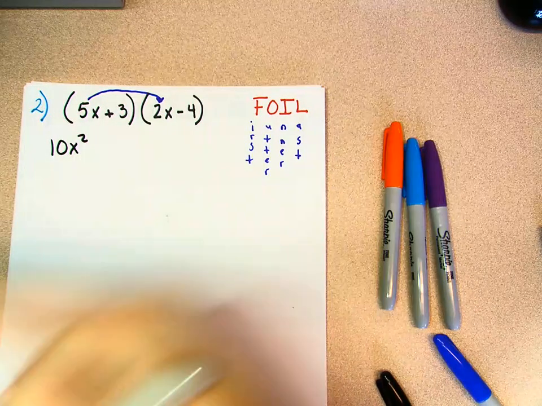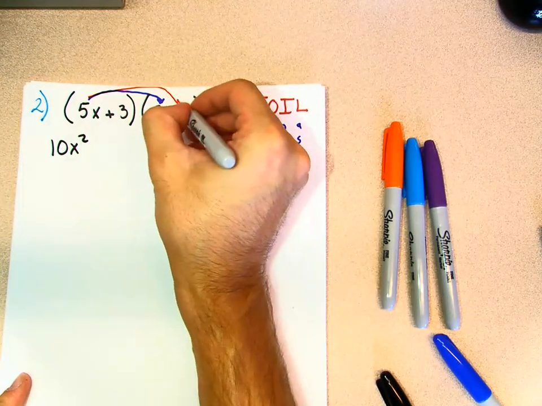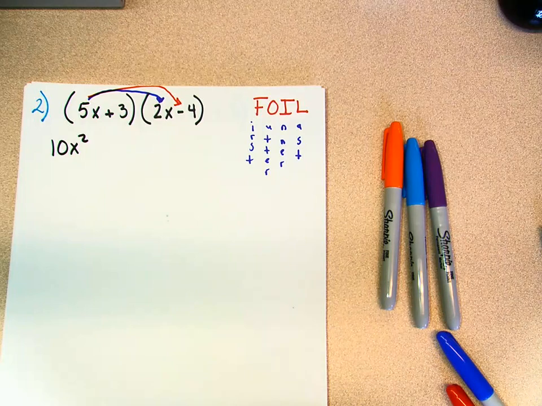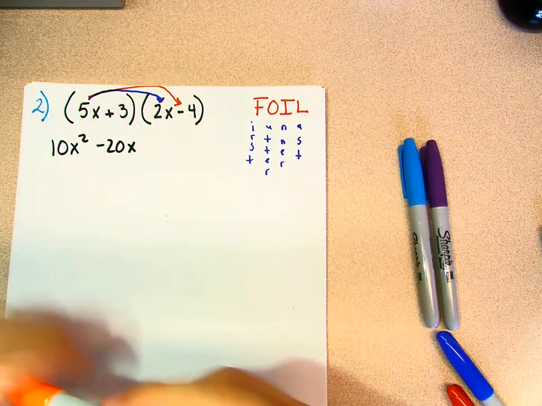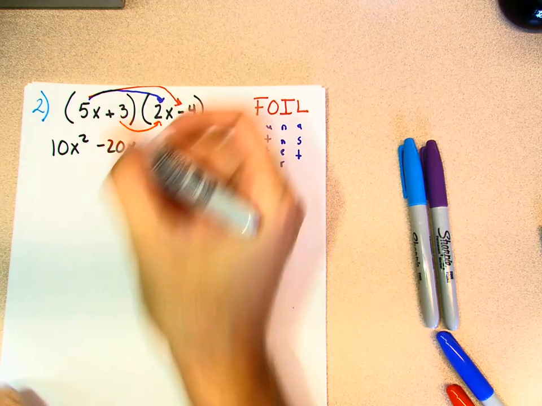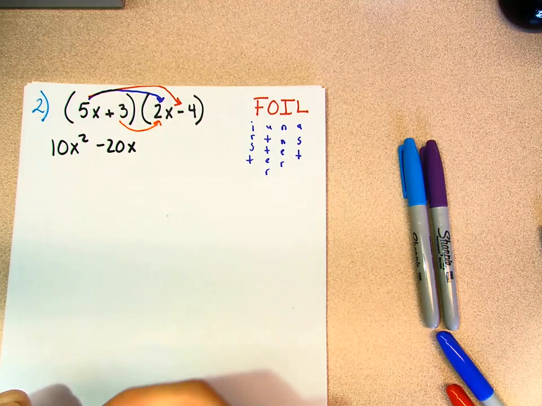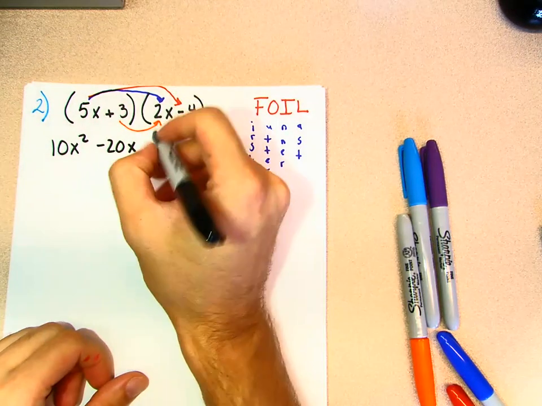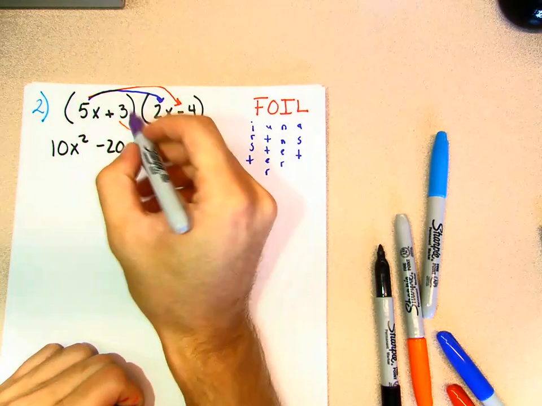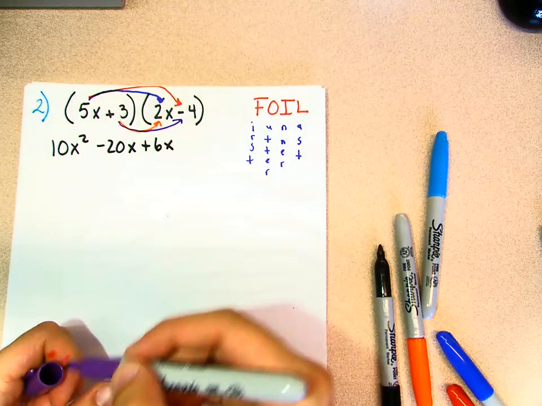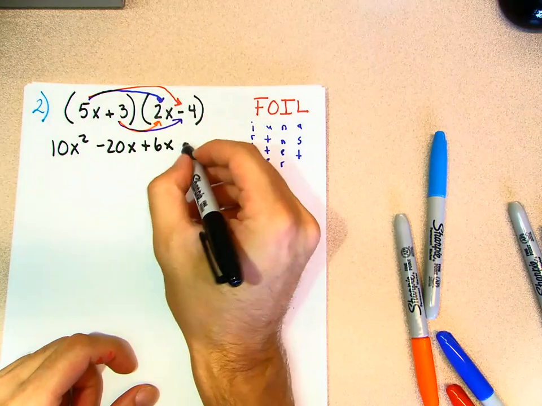We do 5x times negative 4, and this becomes negative 20x. Then you do 3 times 2x, this becomes 6x, and now here we do 3 times negative 4, and this becomes negative 12.